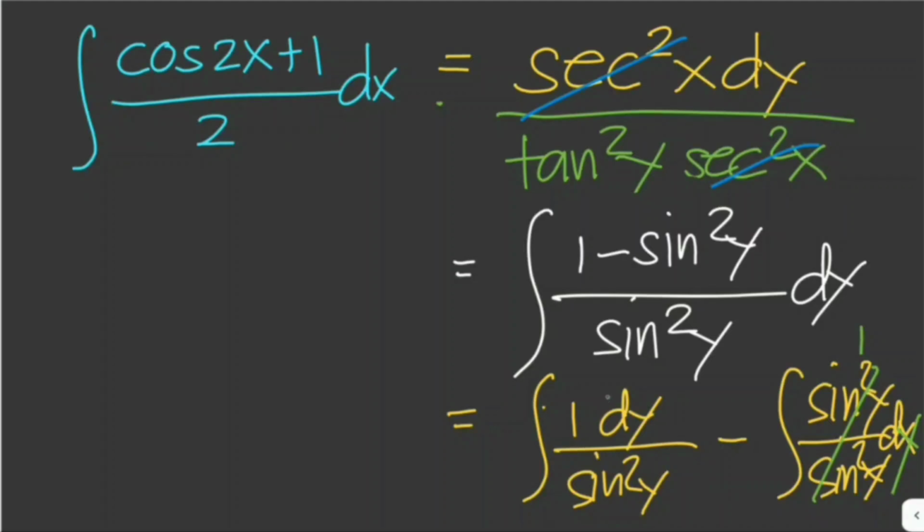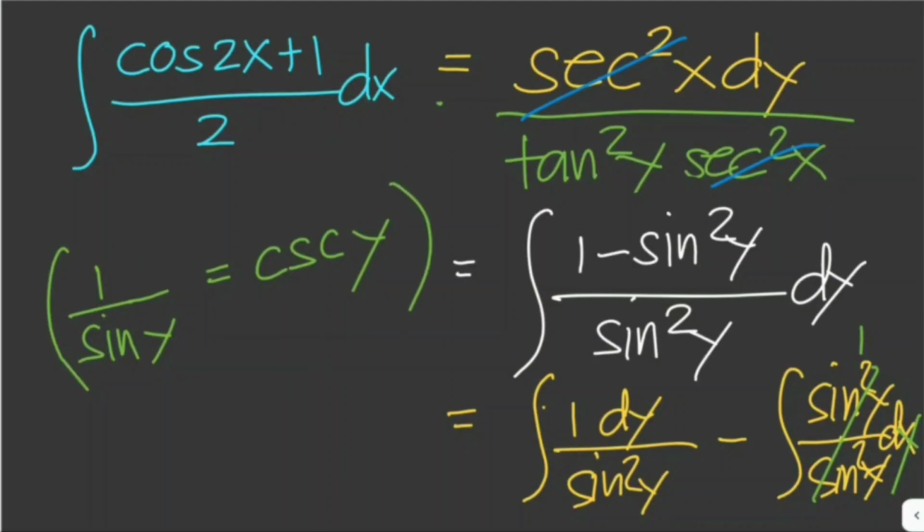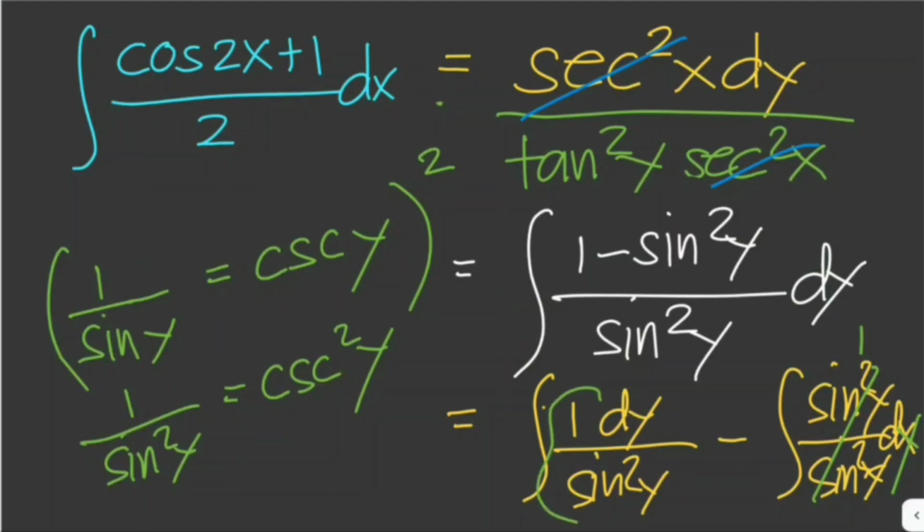And we know that 1 over sine y is just equivalent to cosecant y. Then when we square both sides, this would give us 1 over sine squared y equals cosecant squared y. Therefore, 1 over sine squared y here is just equivalent to cosecant squared y, and this one is integrable.